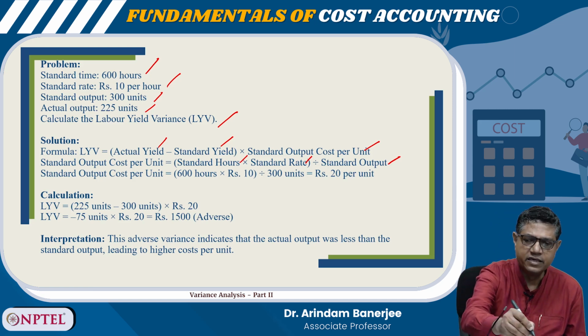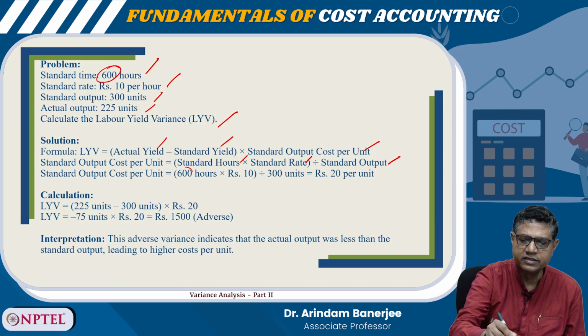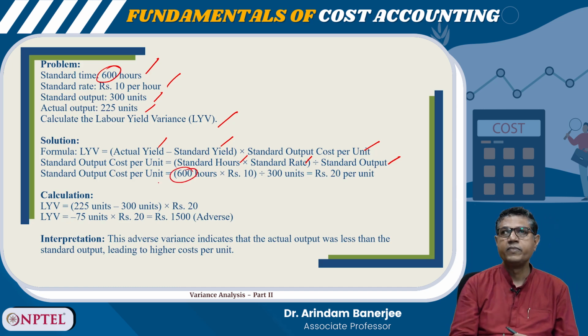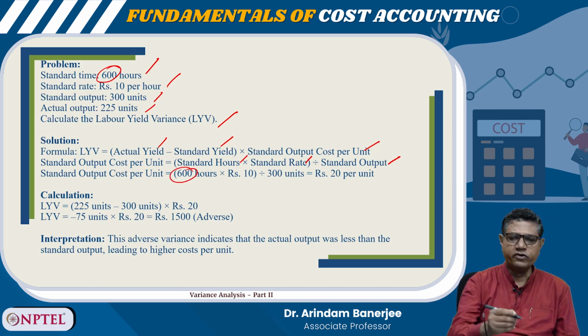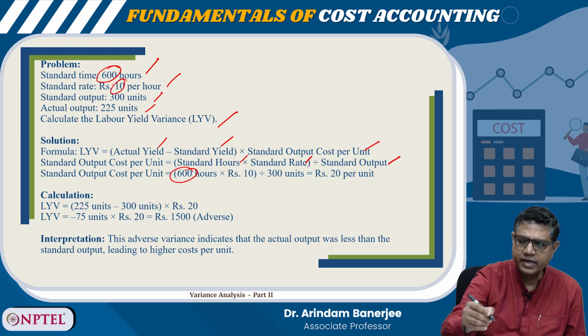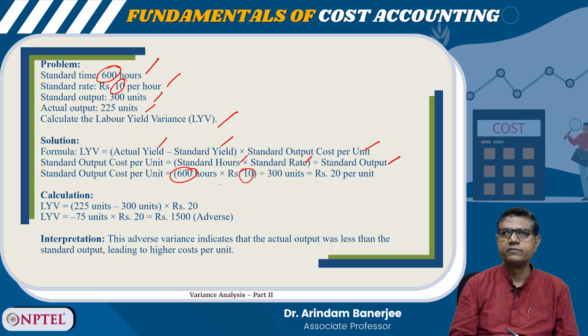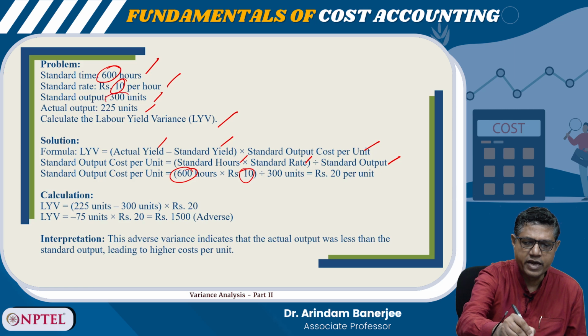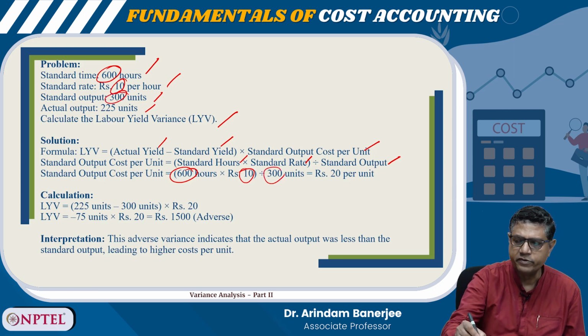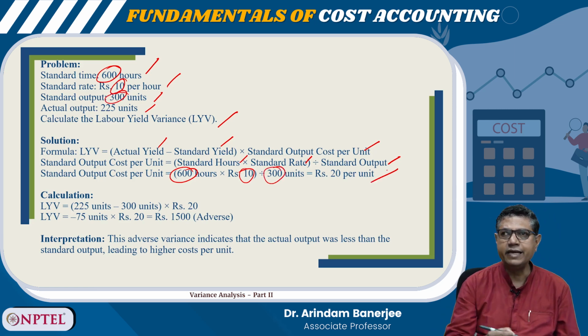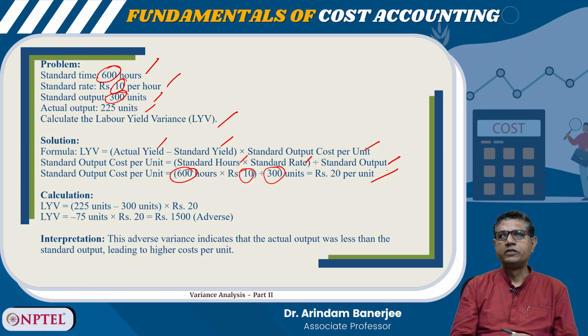It is given here, 600 hours. And what is the standard rate? It is given here, 10, right? Divided by standard output. What is my standard output? It is 300 units. So, if I solve it, we will get rupees 20 per unit, right.